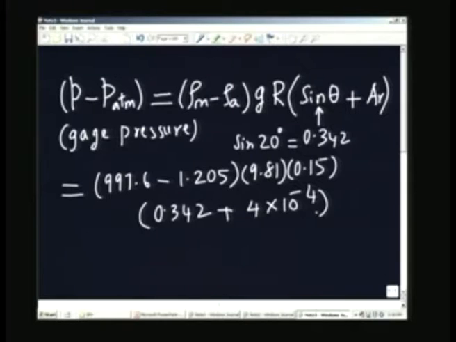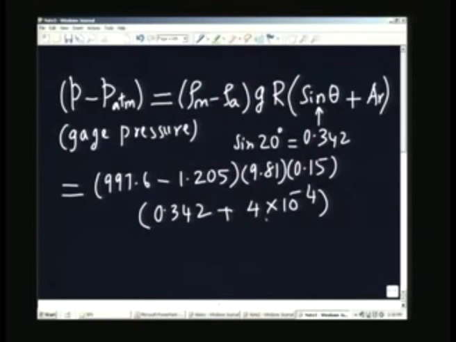Actually, you will notice one thing, because the well is very large in diameter compared to the diameter of the tube, the area ratio is very small, and actually this is negligible compared to this. This is 4 units in the 4th decimal place. Therefore, we can say that this is quite negligible.